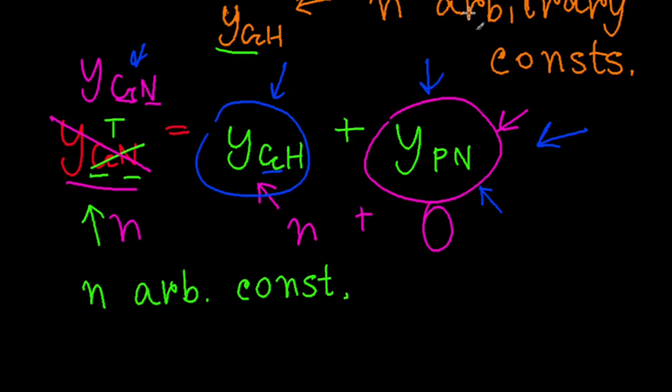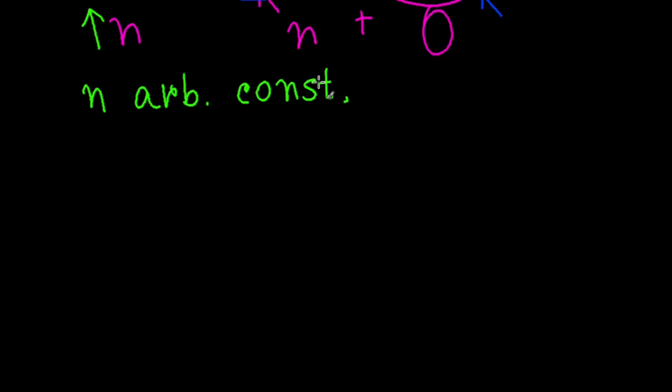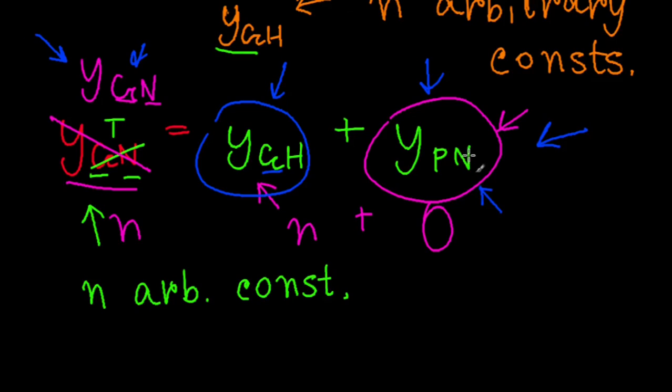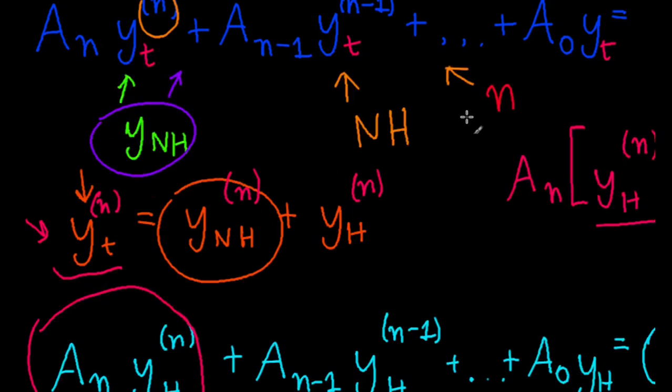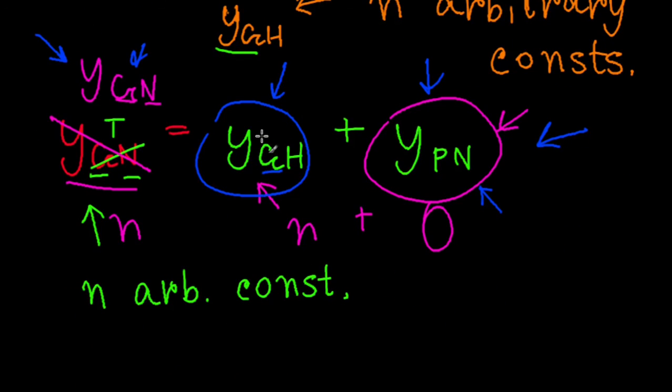This is the method that we are going to use to find the general solution to non-homogeneous differential equations. And I really think that you should think about how fascinating and interesting this is. For the non-homogeneous differential equation, we can find the solution if we take a particular solution and modify it by adding a homogeneous solution.